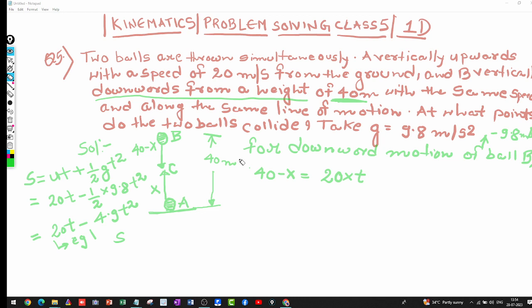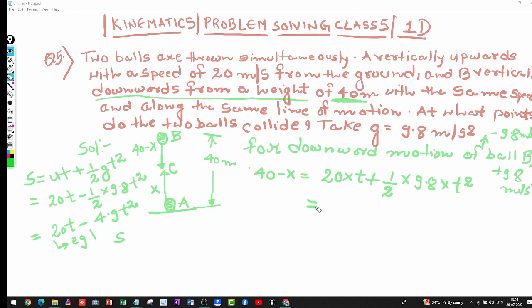But since it is coming from point B along the line of motion, here we are going to take g as positive 9.8 meter per second square, right? So this is 20 into t plus 1 by 2 into 9.8 into t square.